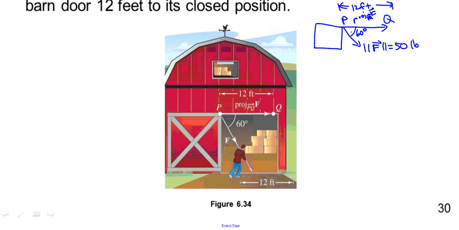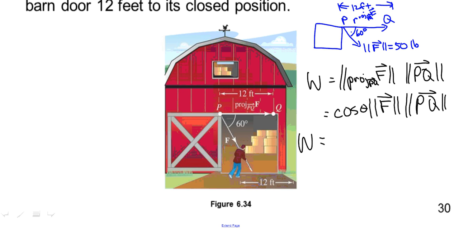And so we're going to do this work problem as work is equal to, and we're really using that projection version, the projection of F onto PQ times the magnitude of PQ.